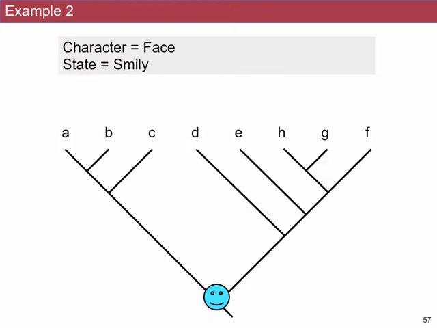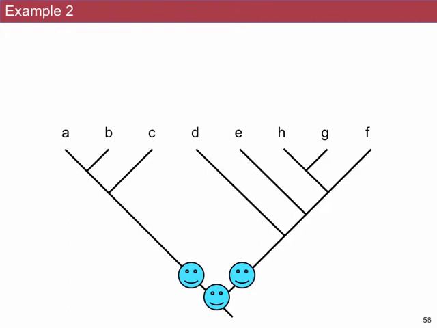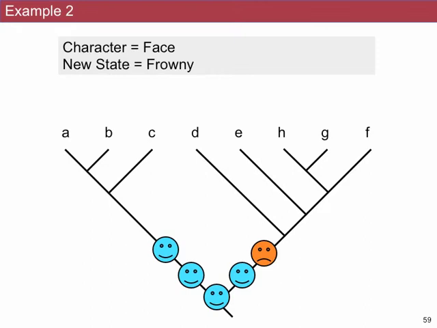So again, let's take the same tree and imagine the common ancestor had the smiley face. But imagine in one of the lineages at some time there was a mutation, like in that lovely bunny video that everybody saw, where eventually, again, we're not showing all of evolution here, eventually this frowny face took over the population.